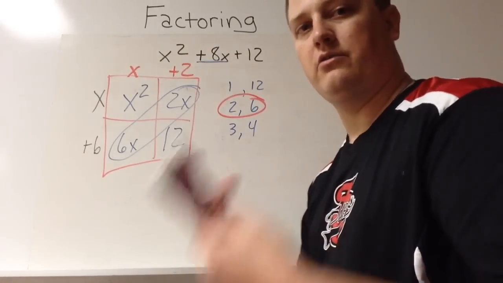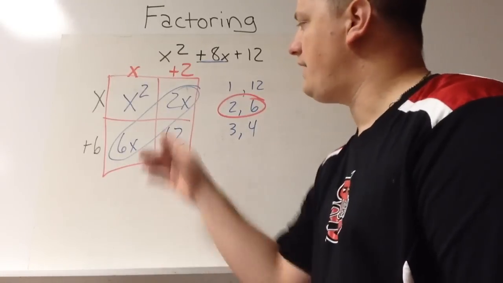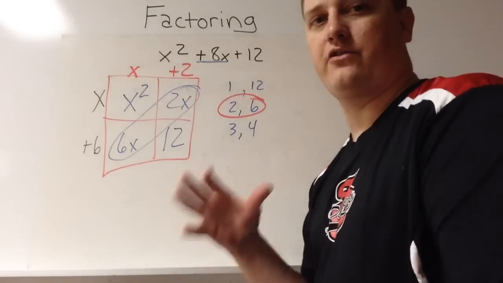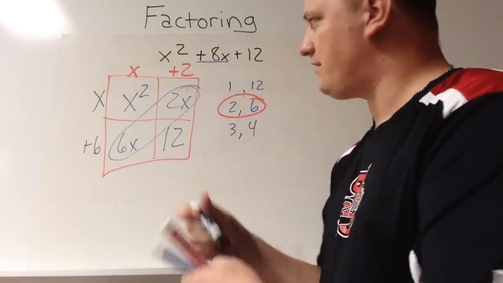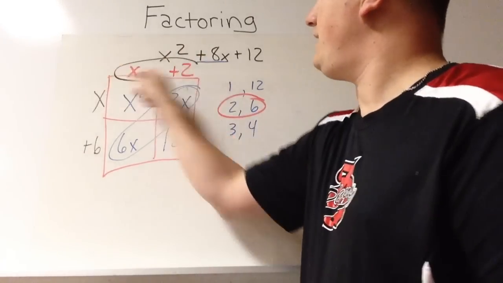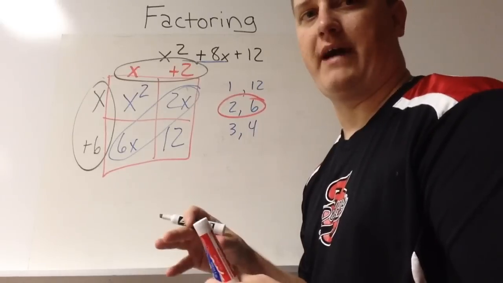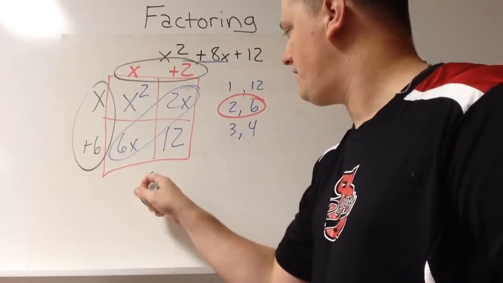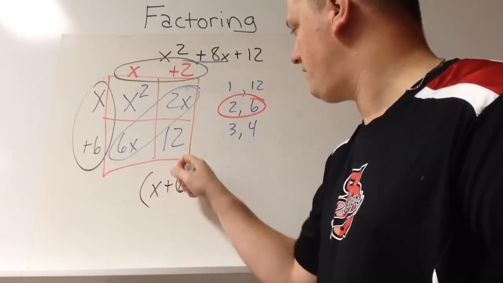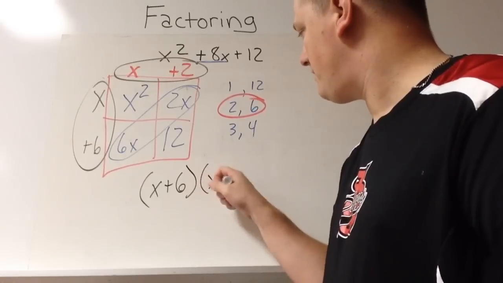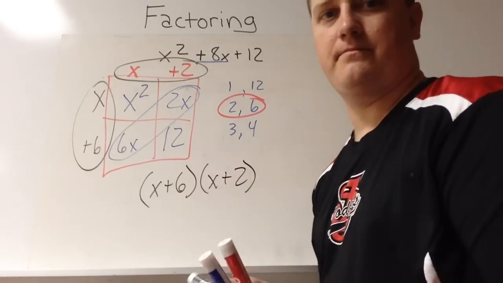And if it does, it works. Okay, so 6x and 2x make 8x. So this one works. So our factored version is right here. Each side is part of the factored version. So we have x plus 6, x plus 2.